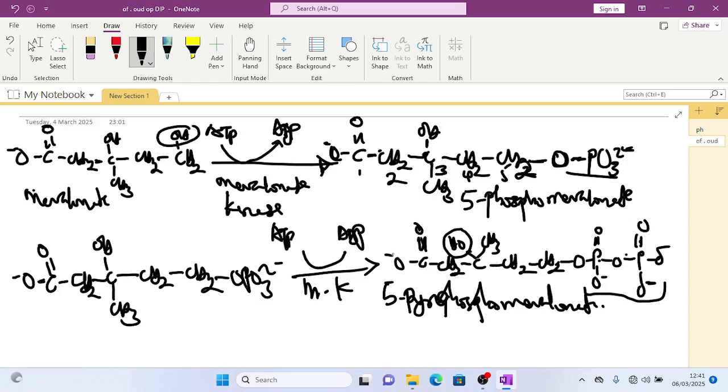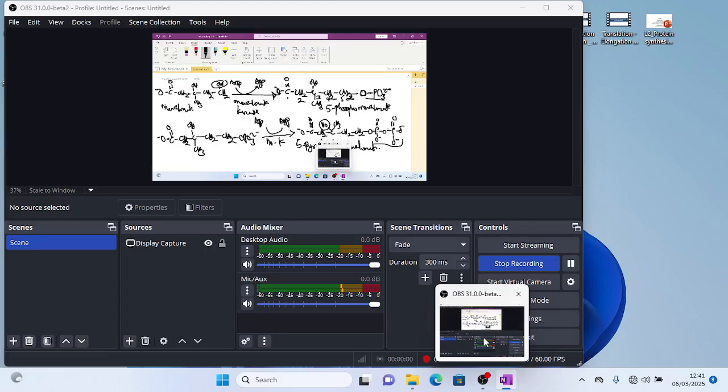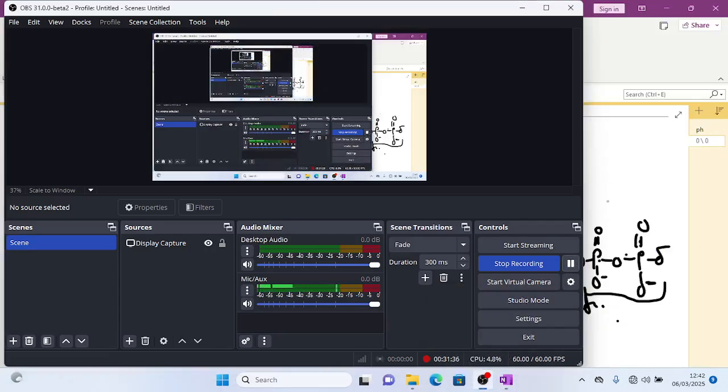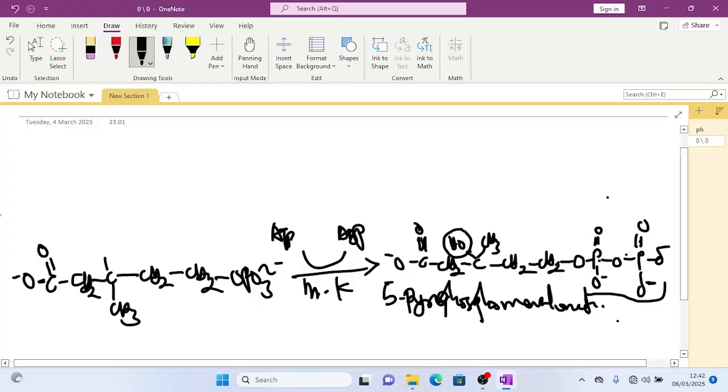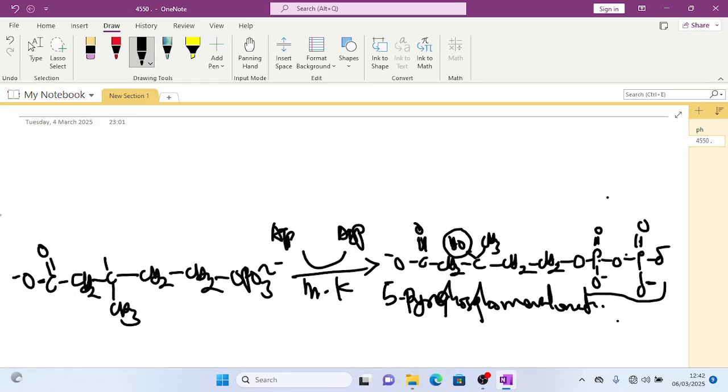It depends on a kinase enzyme. So that's to give us our isoprenoid. The next phosphorylation step is phosphorylating our 5-pyrophosphomevalonate.